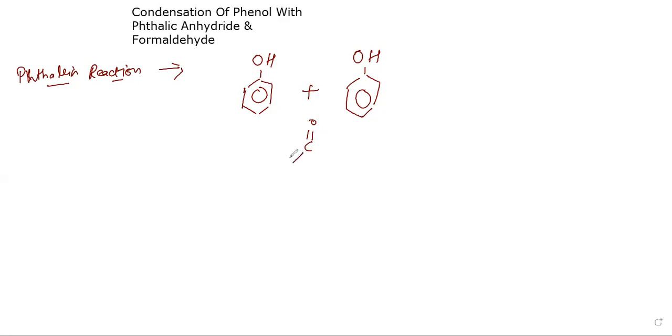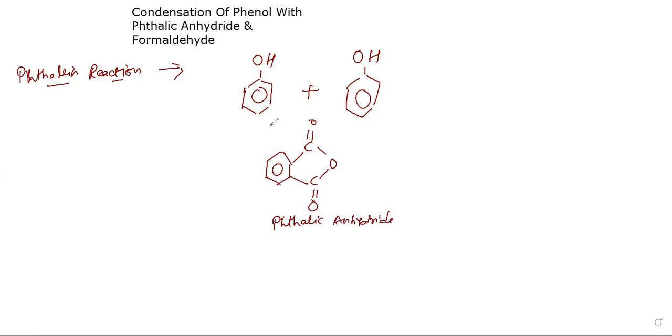When a water molecule is removed from a compound, what you will get is an anhydride. So let's see from what compound the water molecule is removed to get phthalic anhydride, just to know about this compound, right? This is your phthalic anhydride.